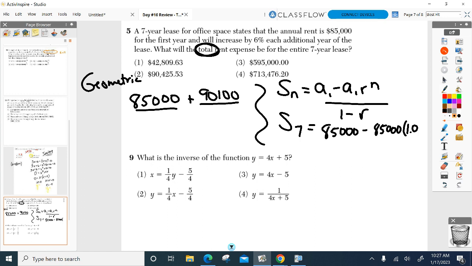So it's 1.06, not 0.06, 100% plus that. And what am I raising it to? 7, our N value, all over 1 minus 1.06. Now just put it into a fraction template and roll.